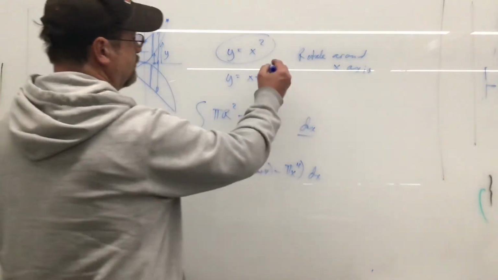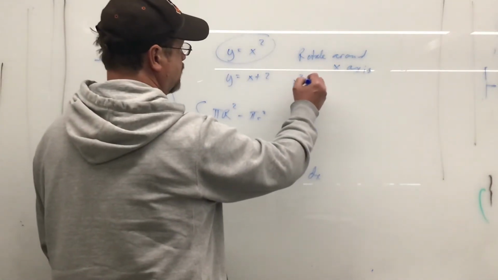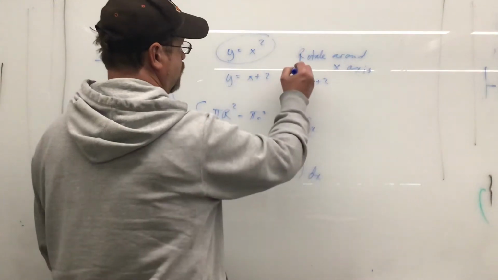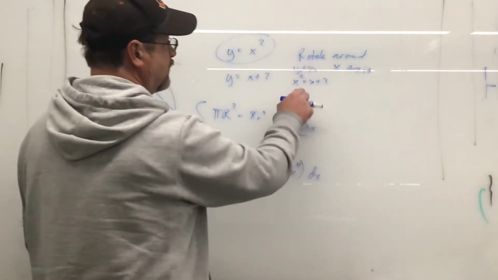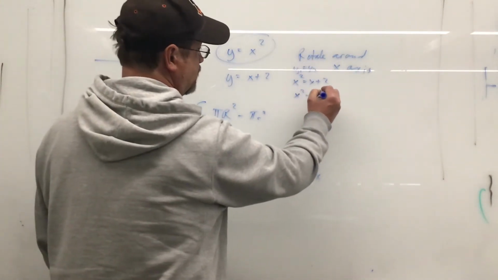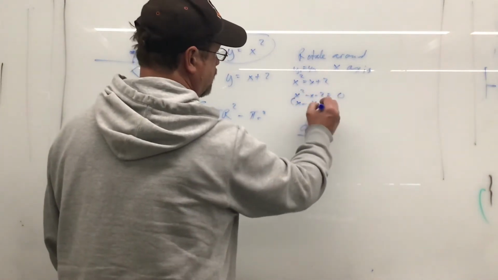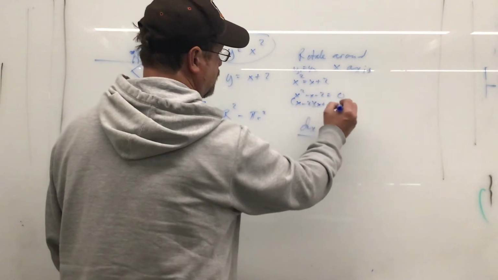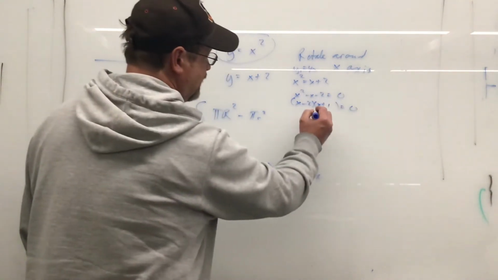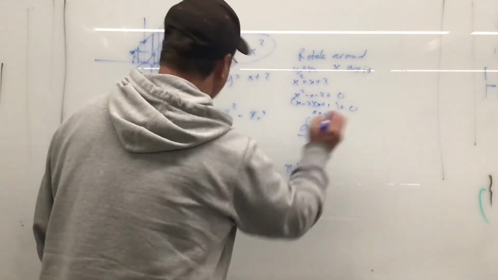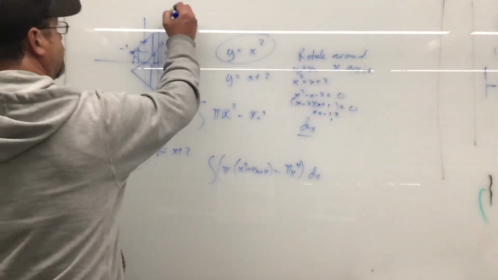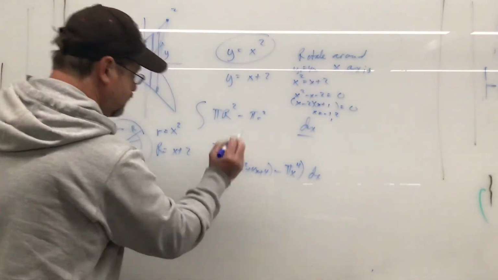So in order to find the limits of integration, I say, well, these are where x squared is equal to x plus 2, or y1 equals y2, whatever you want to say. And x squared minus x minus 2 equals 0. I factor that. And that tells me x equals minus 1 and 2. If that's minus 1, that's 2. My limits are minus 1 and 2.